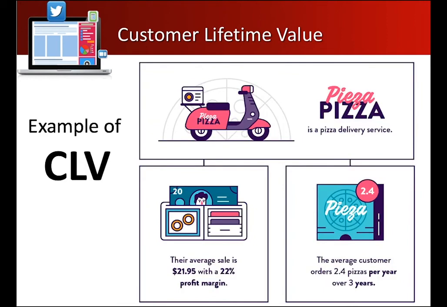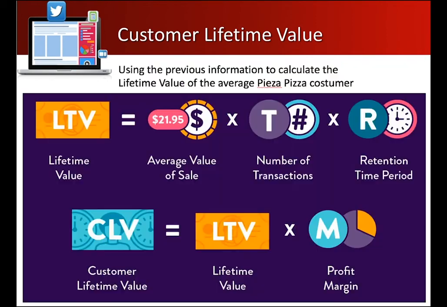So we know the average customer orders 2.4 pizzas per year over a 3-year period. So here the number of transactions is 2.4 pizzas per year. Then we know the period here is 3 years.